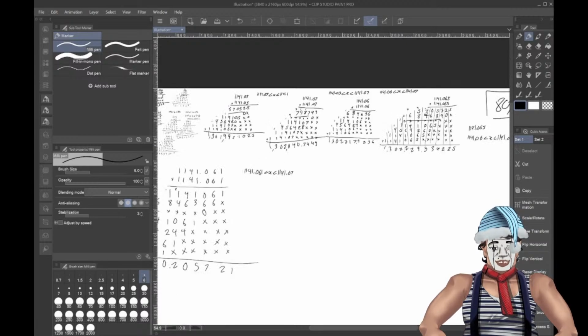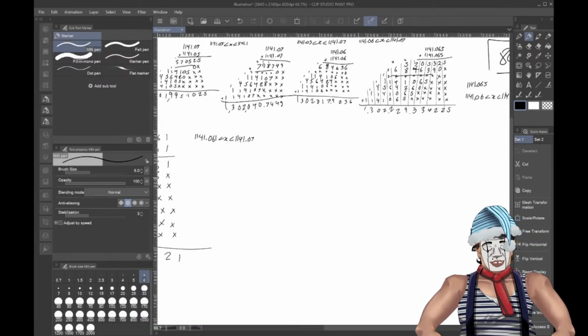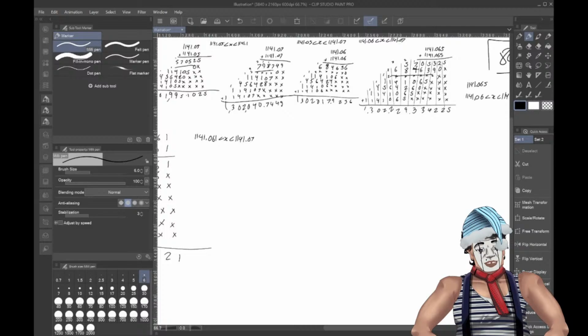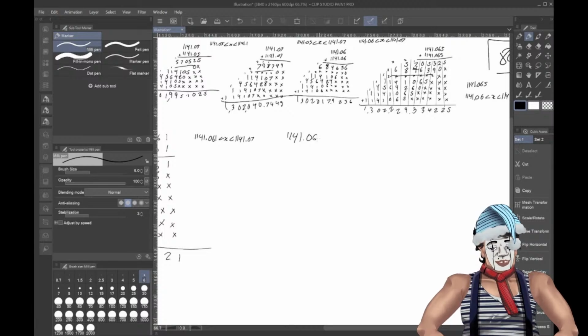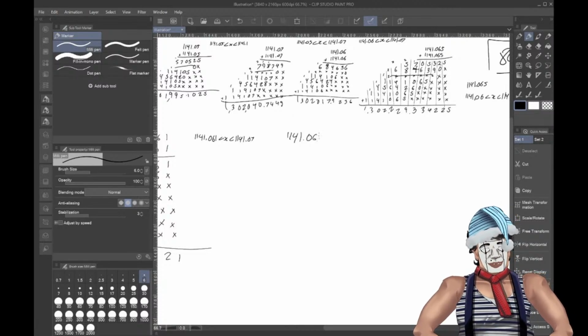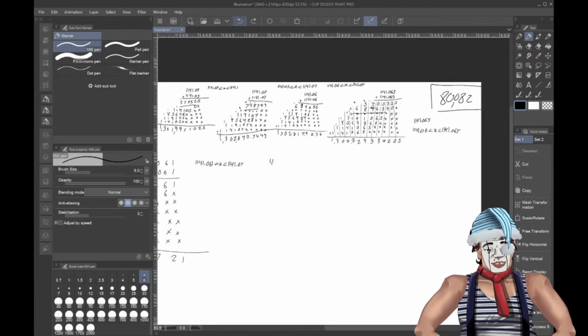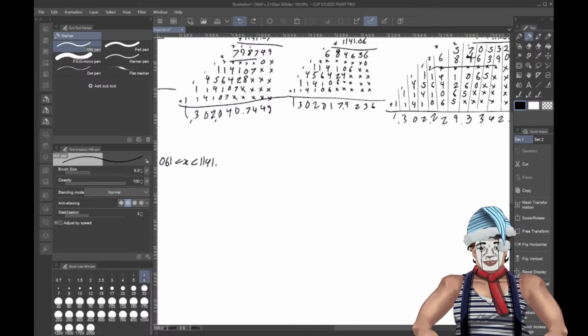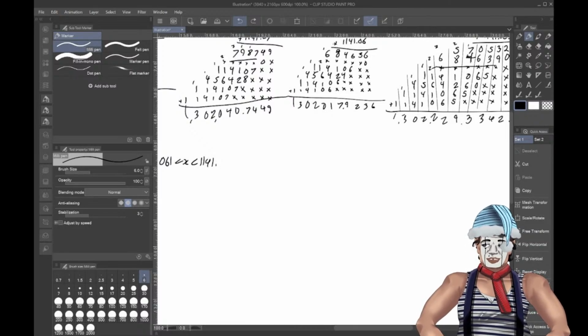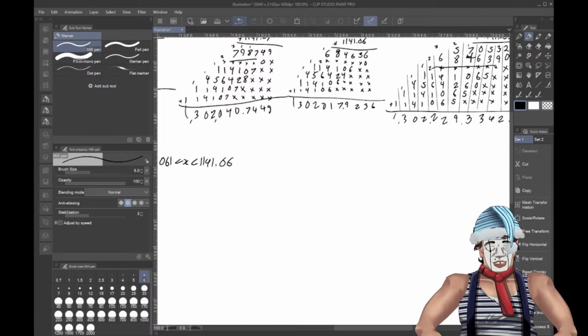What would be the next logical step? This number's too small. Let's try 1141.065. Did I do that one already? Oh, yes, I did. Let's not make the same mistake as last time. It's not 0.7. It's 0.065. That number seemed familiar. I felt like I did that number already.